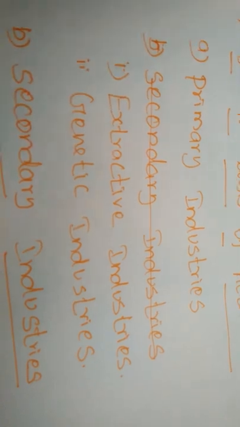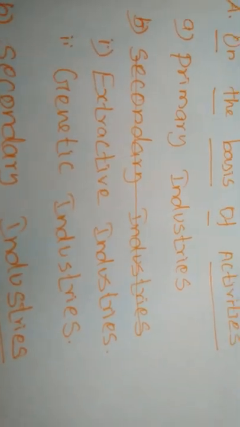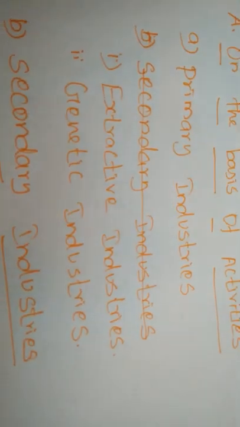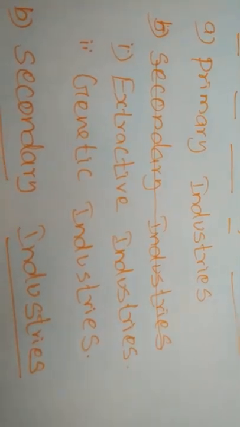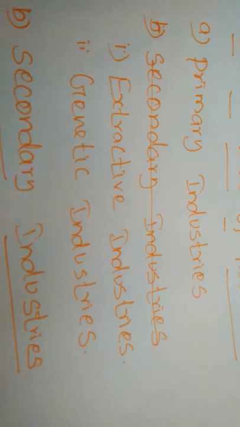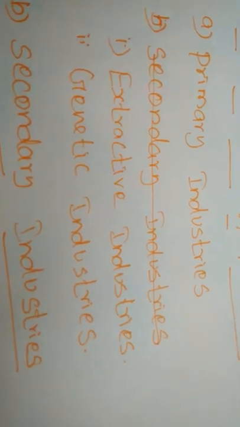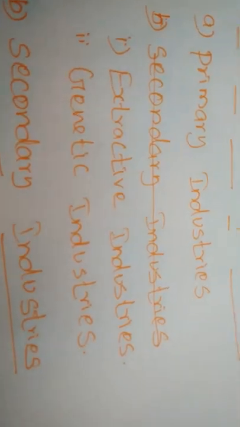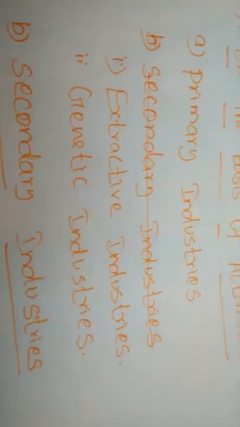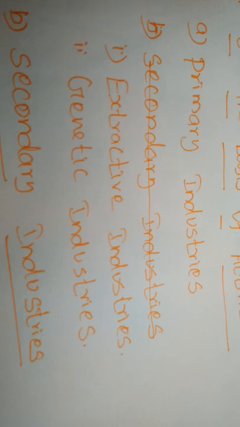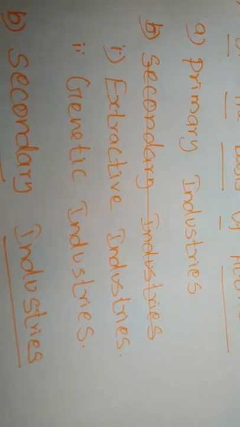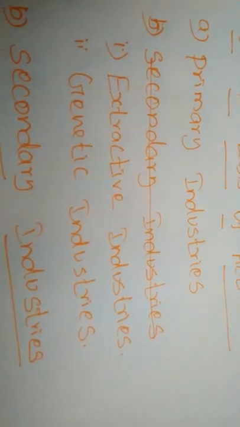Next, considering fishing, there is no need to make a large investment. We need a boat or ship and a net to catch the fish, and that is the only human effort. So primary industries are concerned with the production of goods with the help of nature.